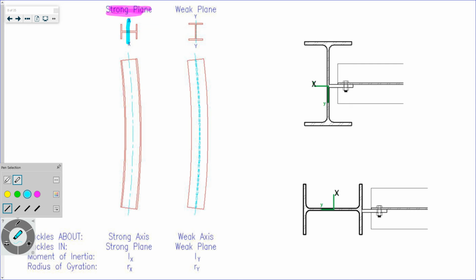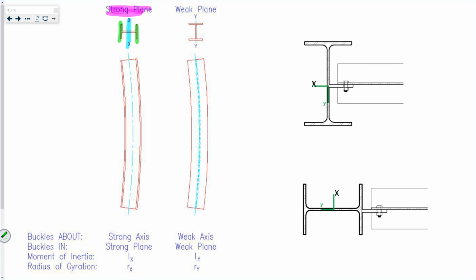This is the axis. It keeps straightening out my line. This is the flange, this is the other flange. So you see how it is buckling or bending, flexural buckling, right? I was talking about bending about the strong axis.